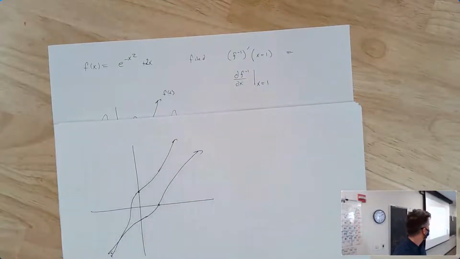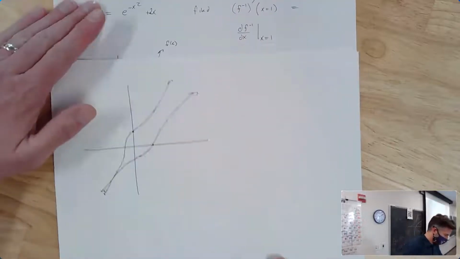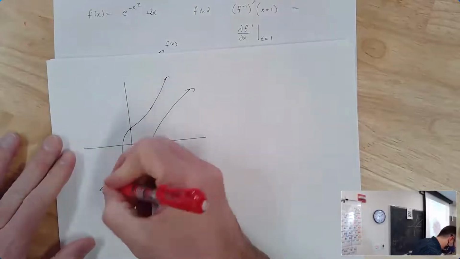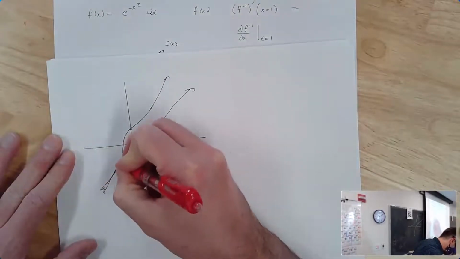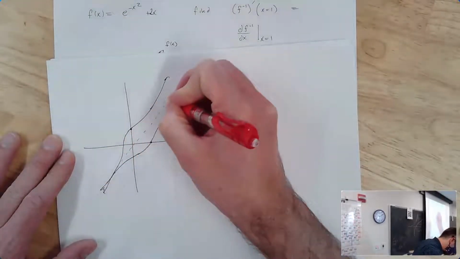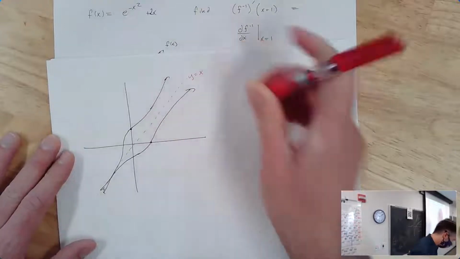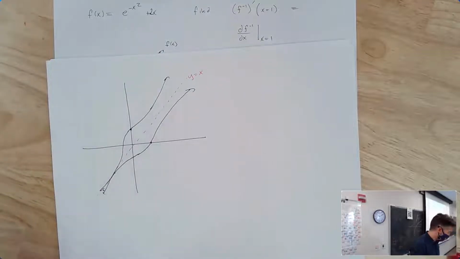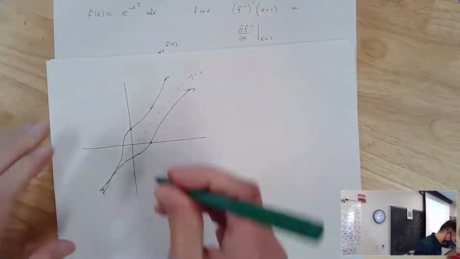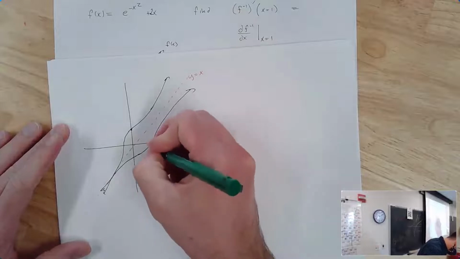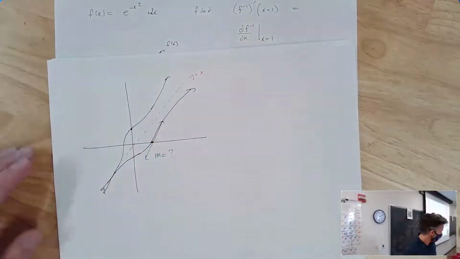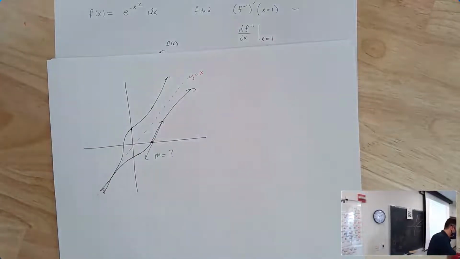That's all right. You guys would accept that, I hope. Okay. And they're definitely reflective of each other in the line y equals x. And we're interested in finding the slope of the tangent line right about here. And to answer that question, we're going to find the slope of the tangent line over here instead.